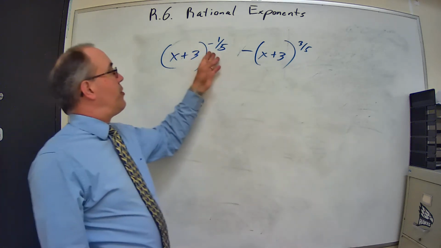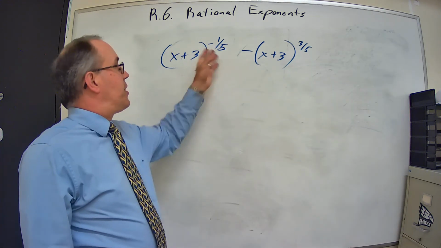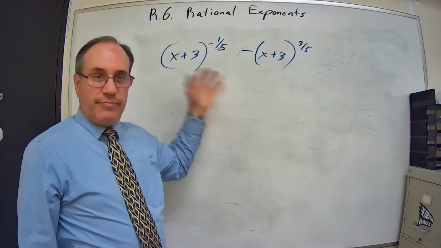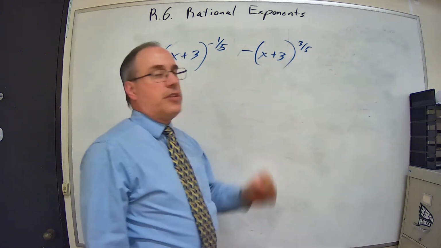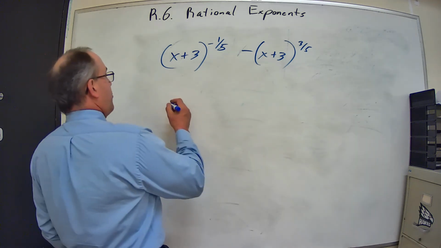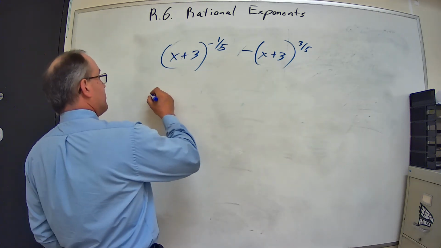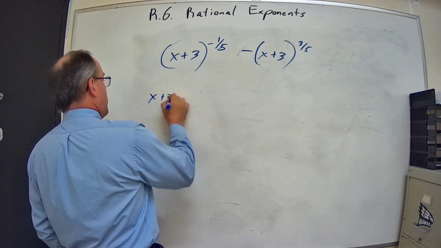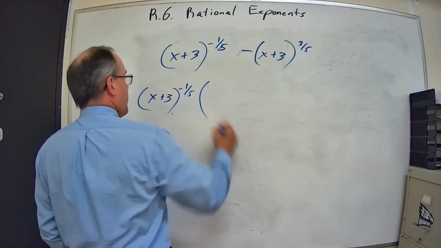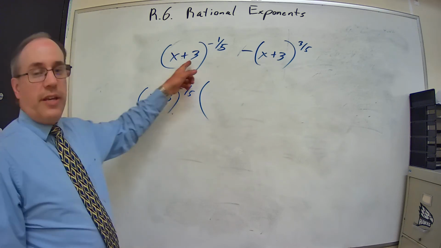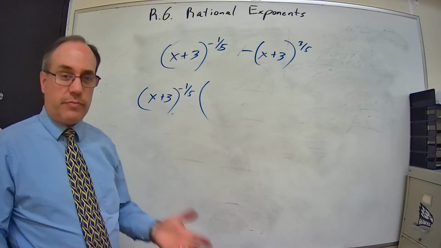I just need to pull out this negative 1/5, because that's going to get it to x plus 3 to the 0. And then I need to do the same thing over here. So I can pull out x plus 3 to the negative 1/5, which, again, that leaves me with 1.